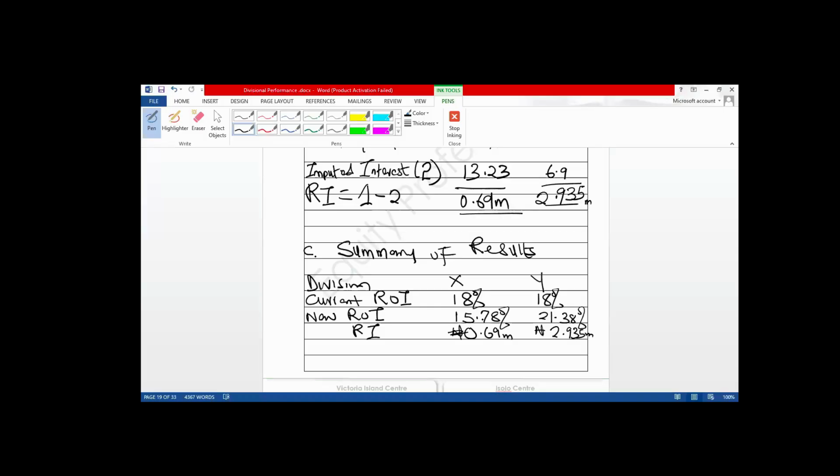That means Division X will be rejecting a project that should have been accepted, because the residual income shows that the company can generate additional income of 0.69 million, which will increase the wealth of the shareholders.